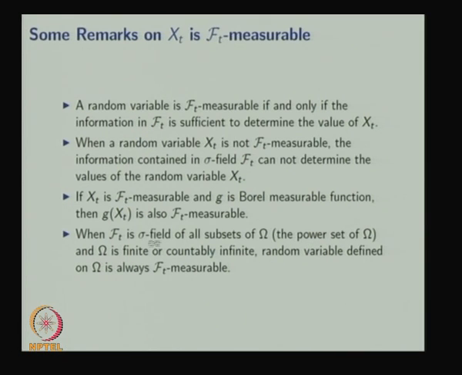Here, whenever Ft is the largest sigma field or the power set of omega, and an additional condition, omega is finite or countably infinite, then the random variable is always Ft measurable.